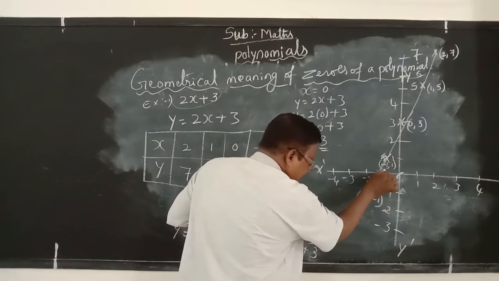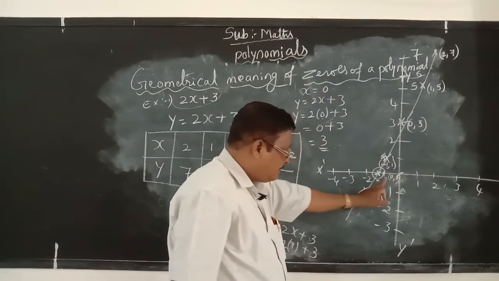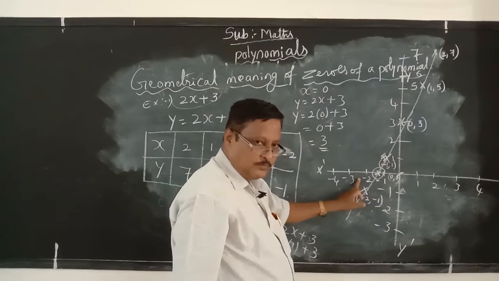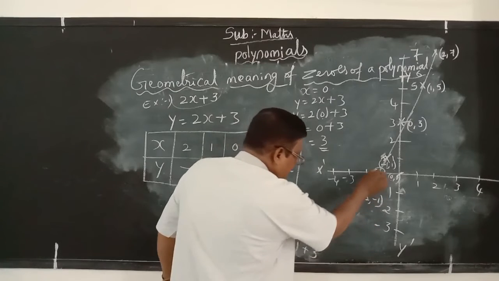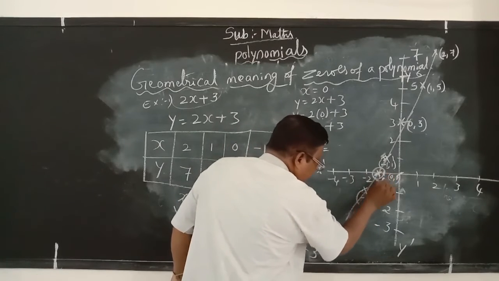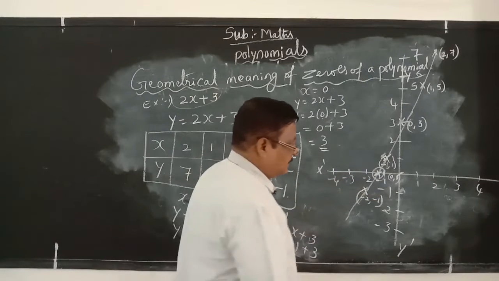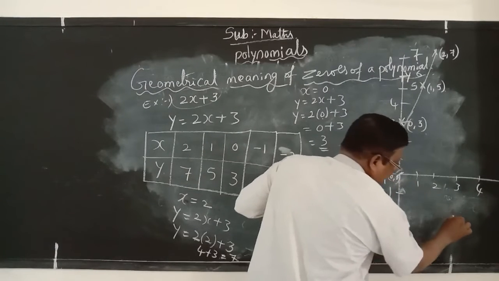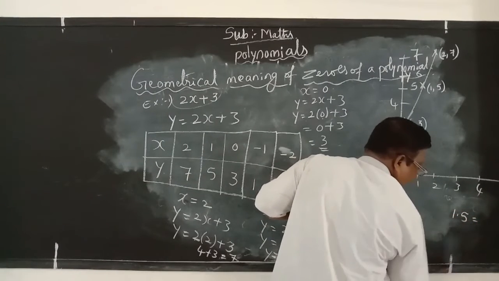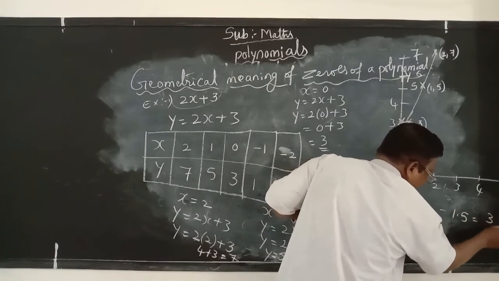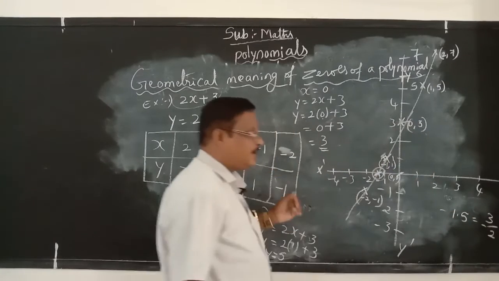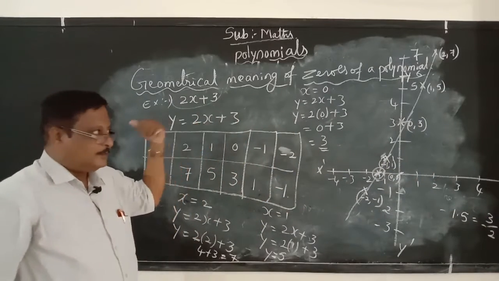See, this is the intersecting point, in between minus 1 and minus 2. It is nothing but the zero of the polynomial. It means the zero of the polynomial, between 1 and 2 is nothing but 1.5. Minus 1.5 is nothing but minus 3 by 2. This is the value.